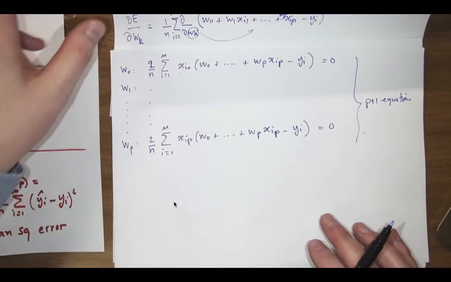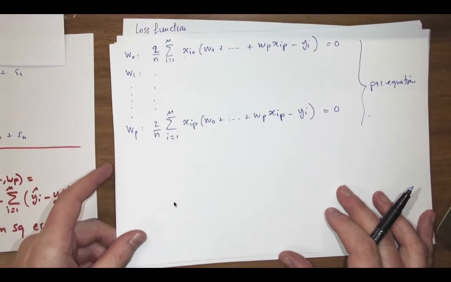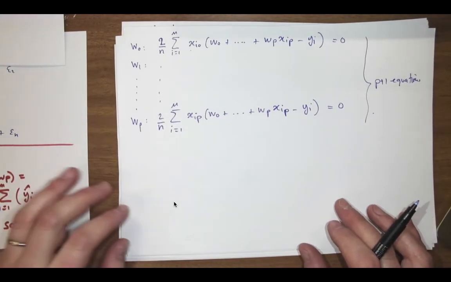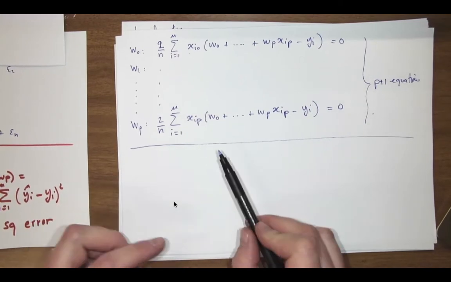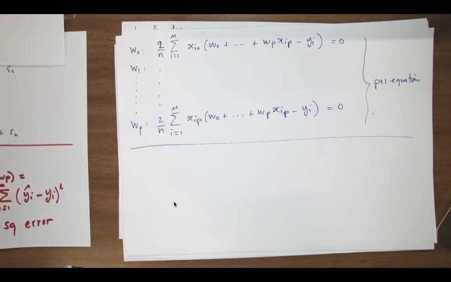So we can reorganize things a tiny bit. I'm just going to extract all the parameters on their own and write the coefficient in front of each.